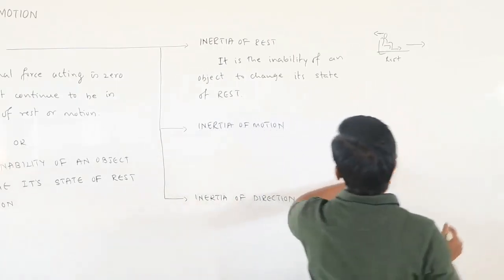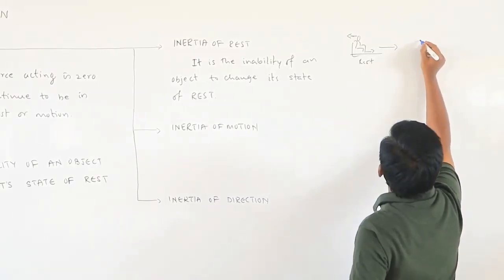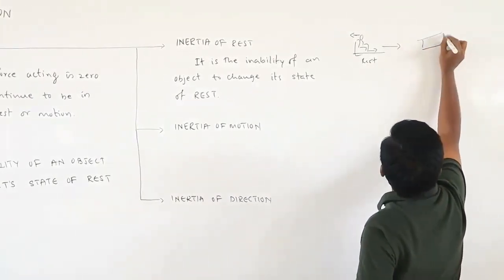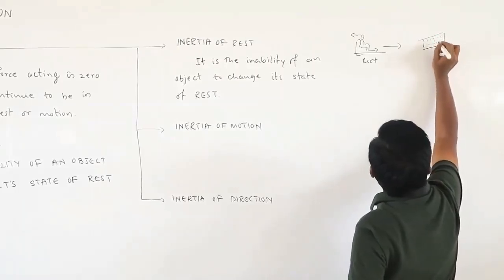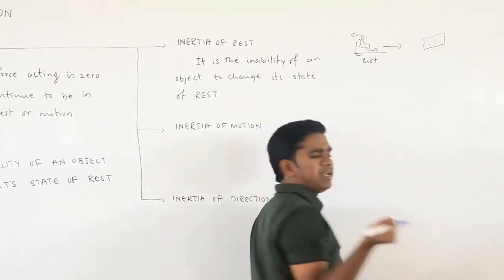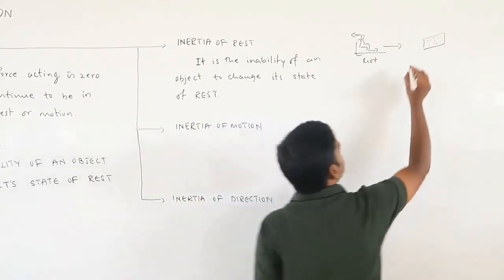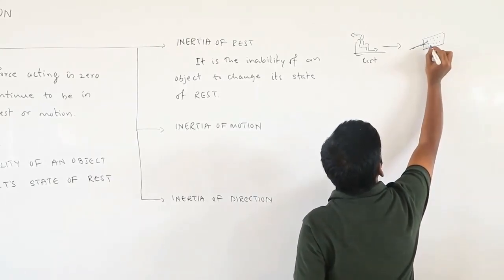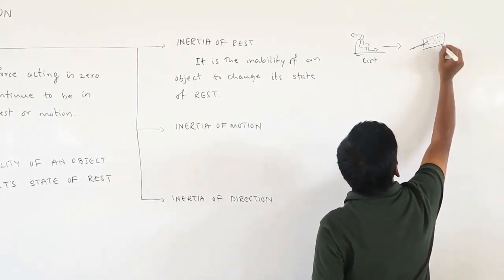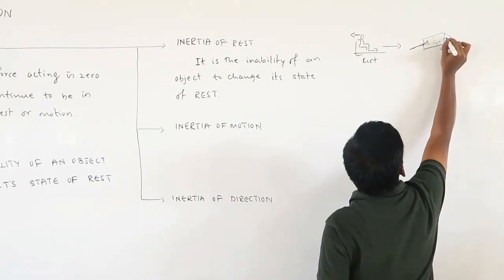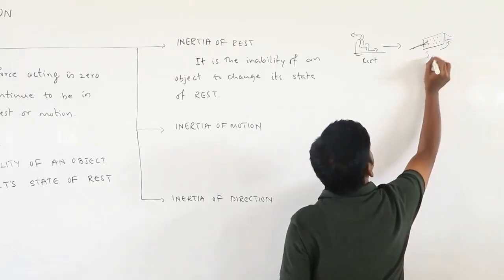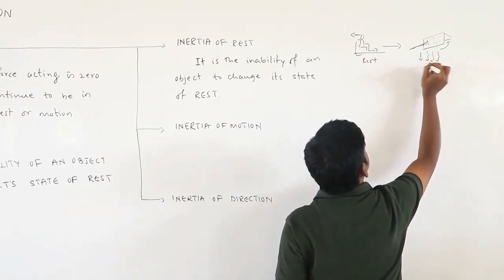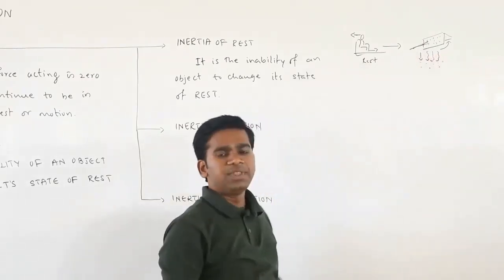Or take a mat. Suppose you want to clean the mat, and there are dust particles on it. You can take a stick and beat this mat. So what will happen? When the mat starts moving, the dust particles start falling down. Why are they falling down?